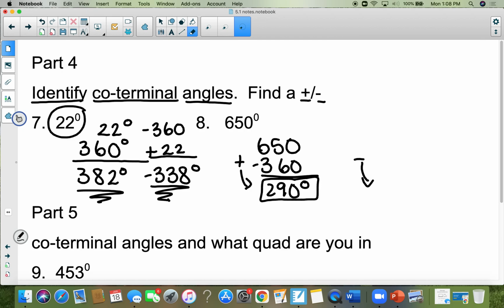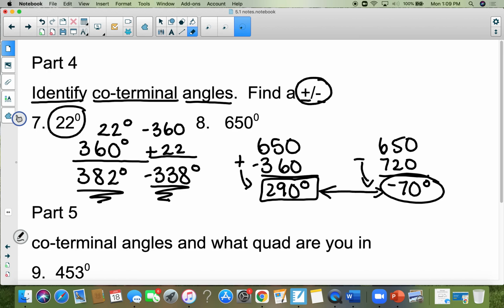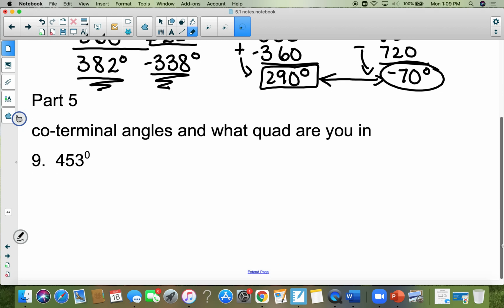I could have added 360 too. And then 650 minus 720 is going to give me a negative angle, which is a negative 70. These two are one positive and one negative coterminal angle to 650. All you're doing is adding 360 or subtracting 360.